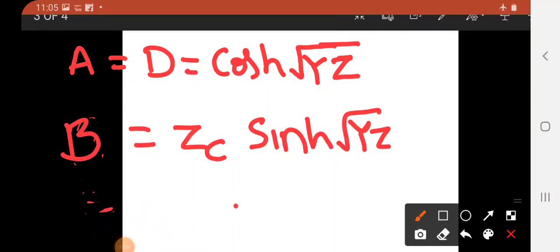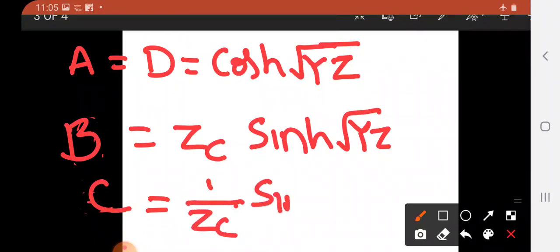And what is C? C is equal to 1 by Zc sinh root yz.